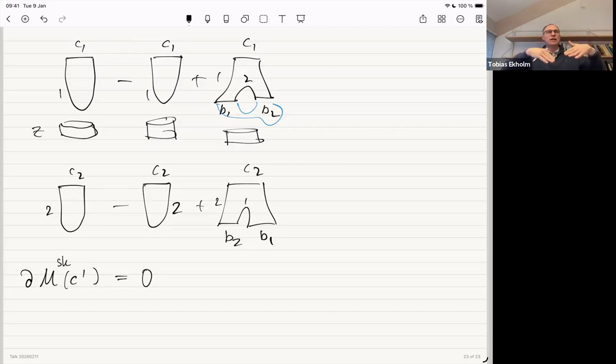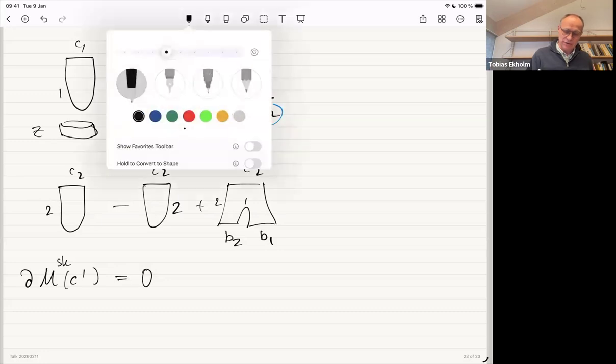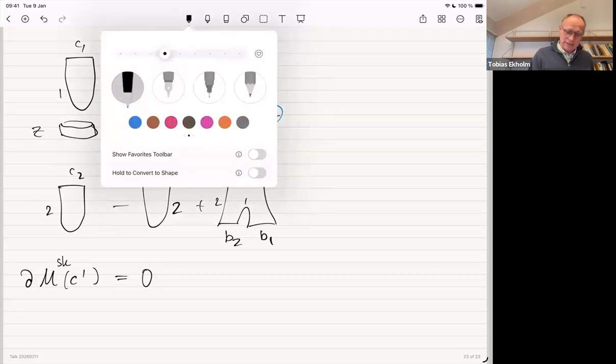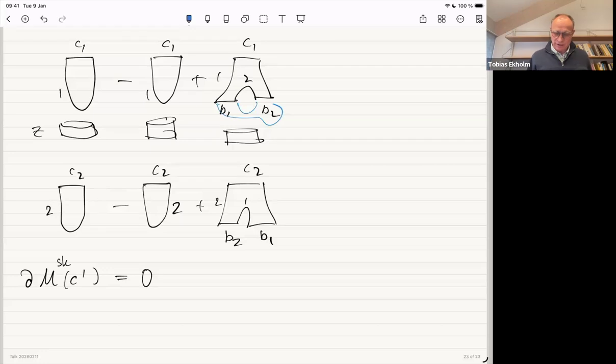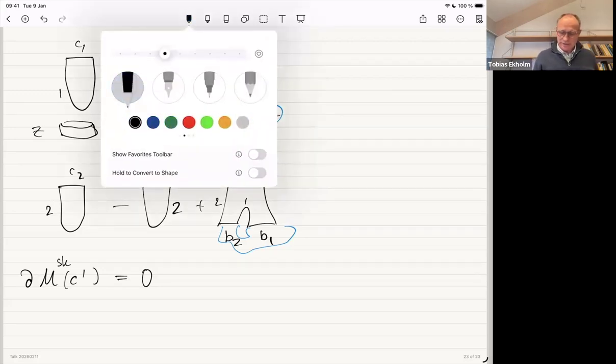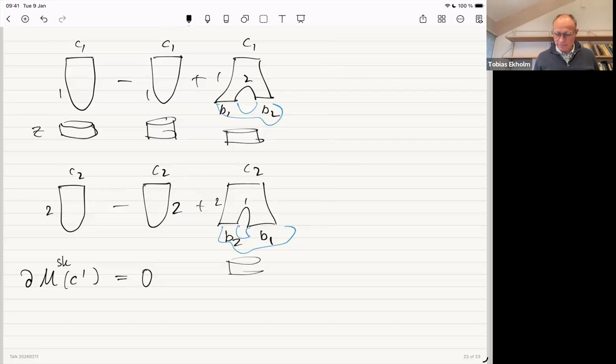So we skein away, and the only possible boundary we have is the curves that go off to infinity. So they are shown here. That means that the sum of these three terms has to be 0. And if we now look at the second equation, which looks very similar, note that it's the same kind of curve that you have to attach here and here. So we have a similar equation here.